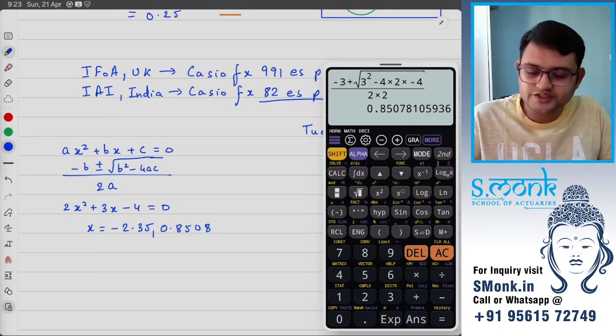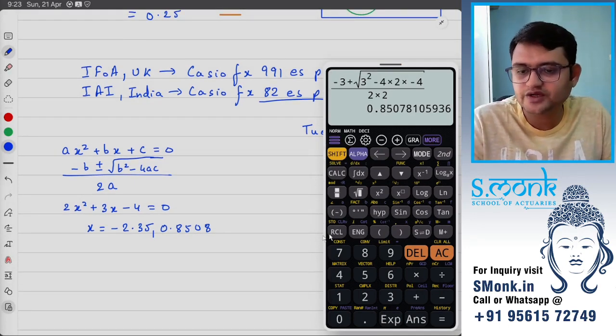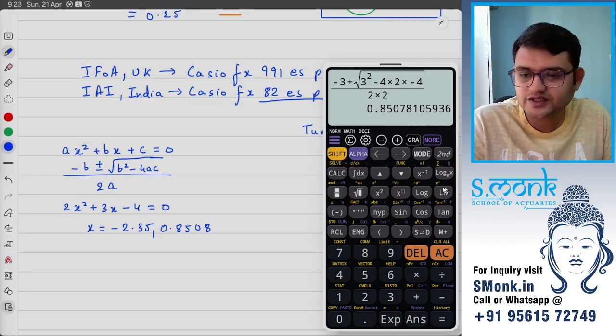So this is how we use a scientific calculator. Now you can see there are many other functionalities. If you want to make an equation using log, this log is log to the base 10, and this ln is log to the base e. You can use brackets to make equations and so on.